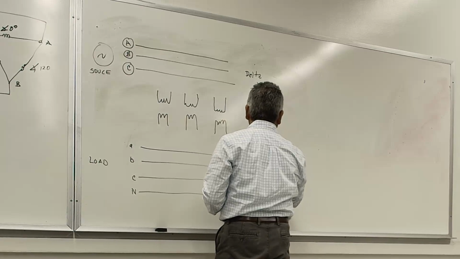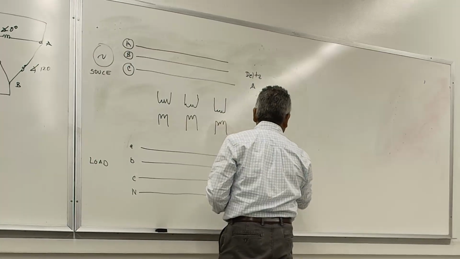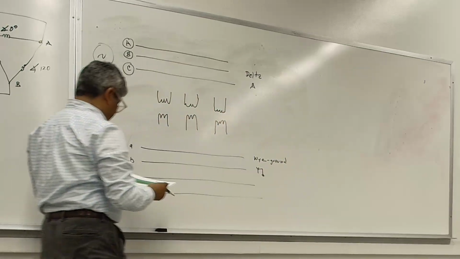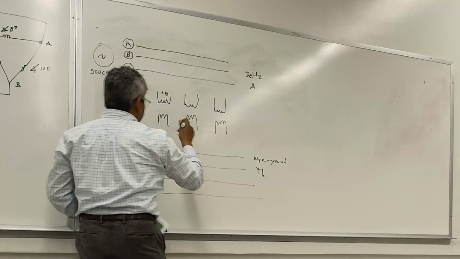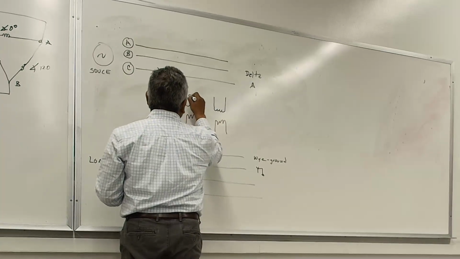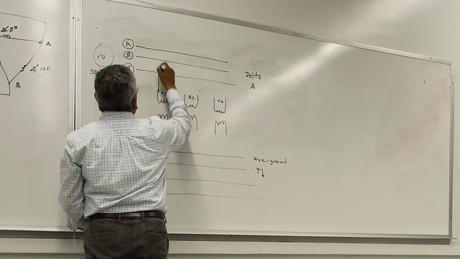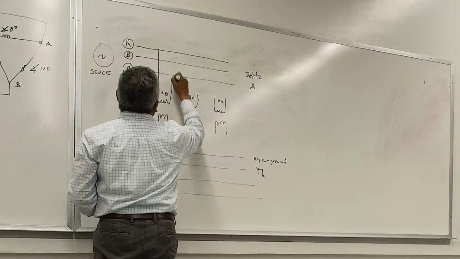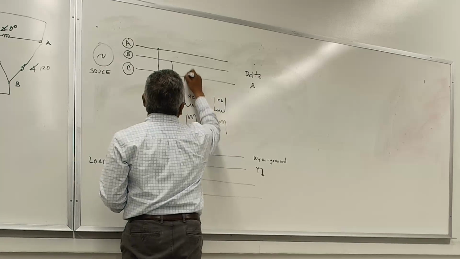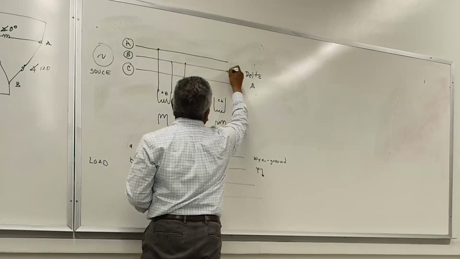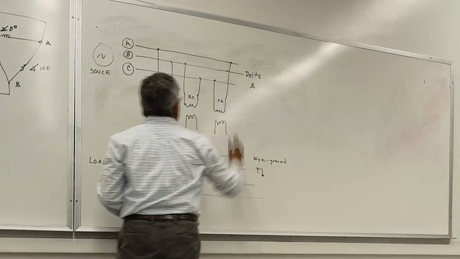So this is delta, and then I'm going to say Y grounded, because it does matter. Basically, we're going to have this as the AB input, BC, and then CA right here. So all we do is connect phase A and phase B on the wires of the source side, then B and C, and last but not least, we have C to A.